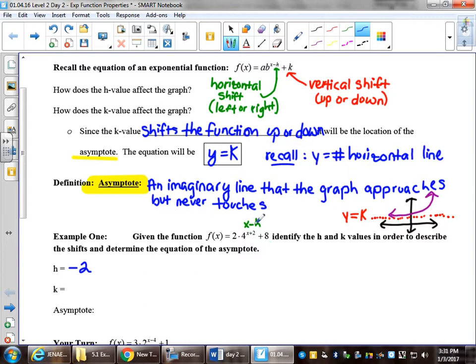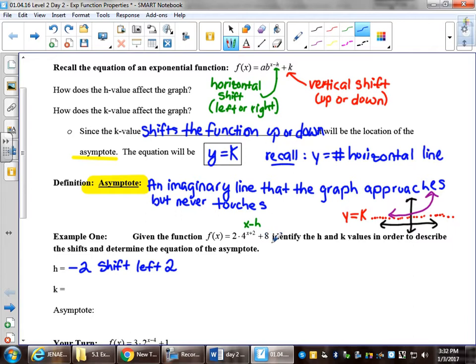Because originally it's x minus h, and I see a plus 2. So a negative 2 was plugged in to make that minus sign a positive. h being negative 2 means a shift left 2, because h is all about horizontal shift left or right.